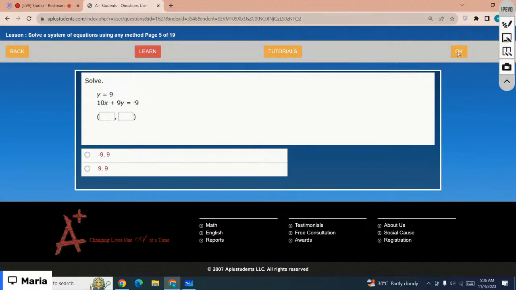The correct option is you can use the substitution method here, right? One of the variables is already isolated, the y variable, right? So you can use the substitution method.